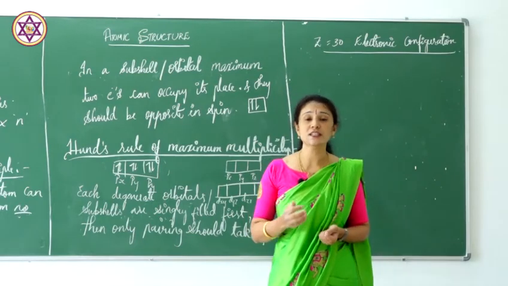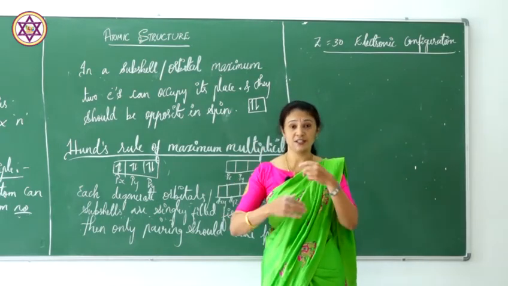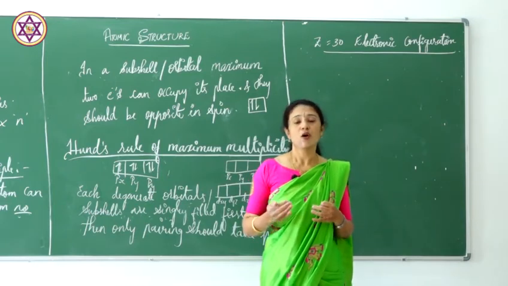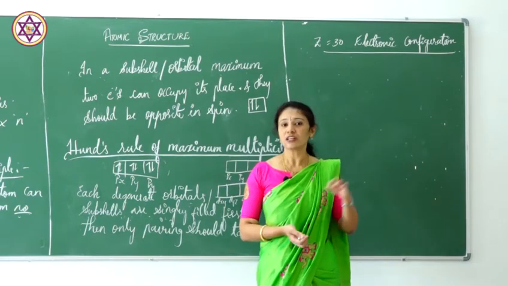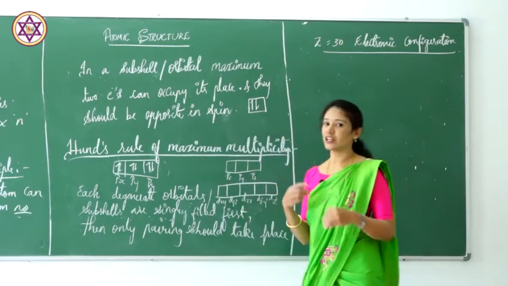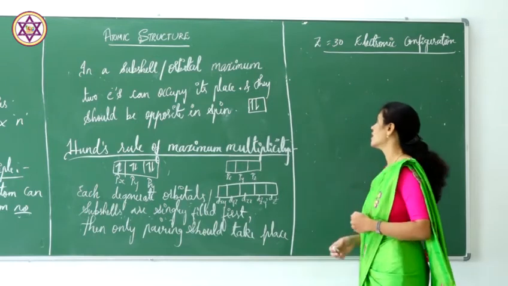Why I am taking 30 elements is because among these 30 elements there are some exceptional cases. We will come to know which those exceptional elements are and how the filling takes place in them.